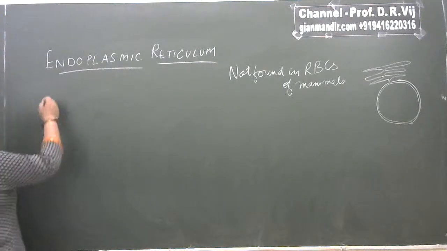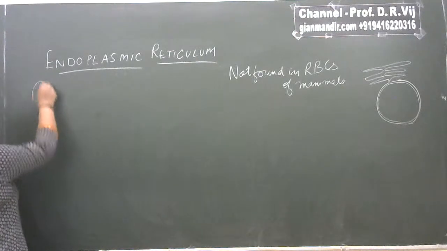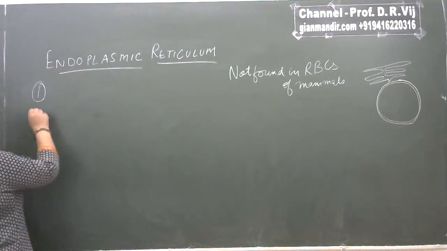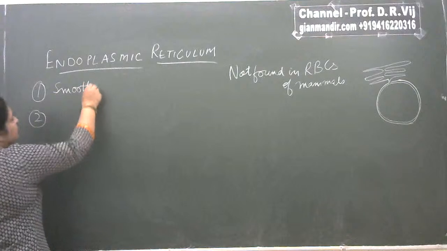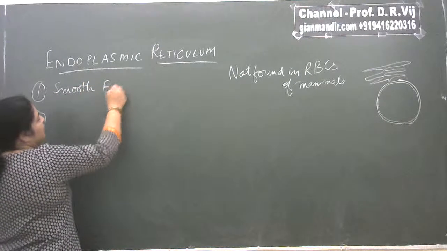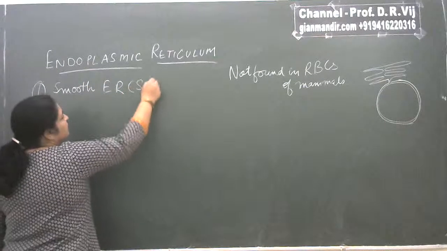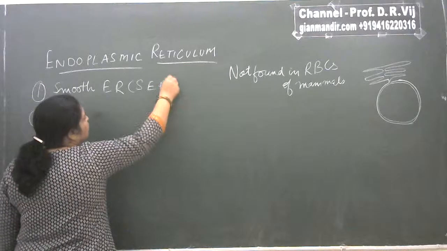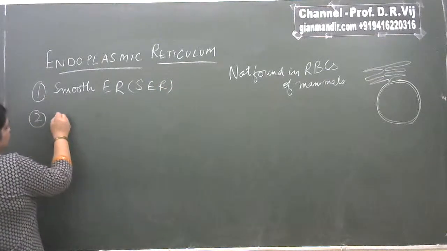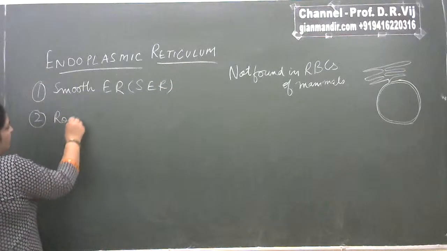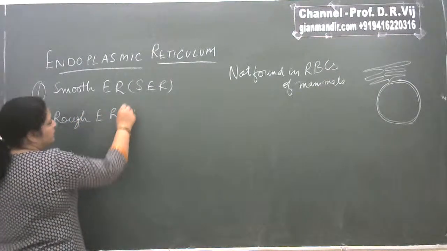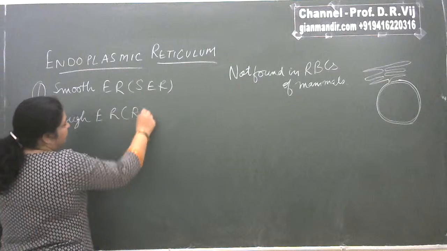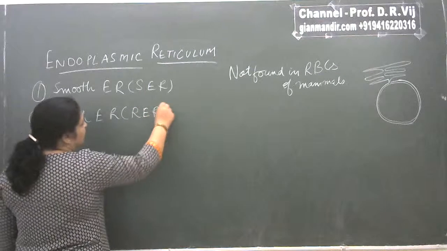And if we look at the structure, there are two types of endoplasmic reticulum. One is smooth endoplasmic reticulum, abbreviated as SER, and the other one is rough endoplasmic reticulum, which is abbreviated as RER.